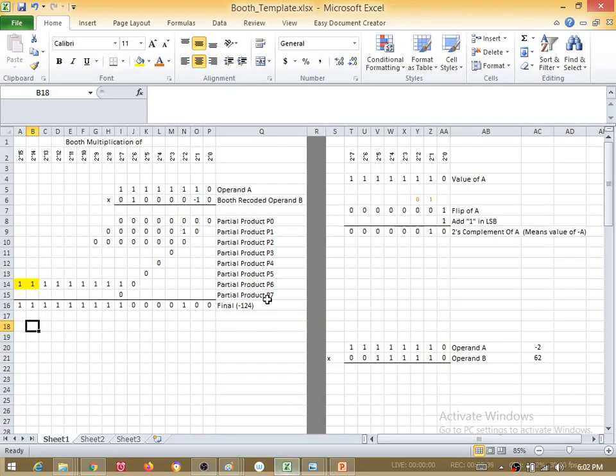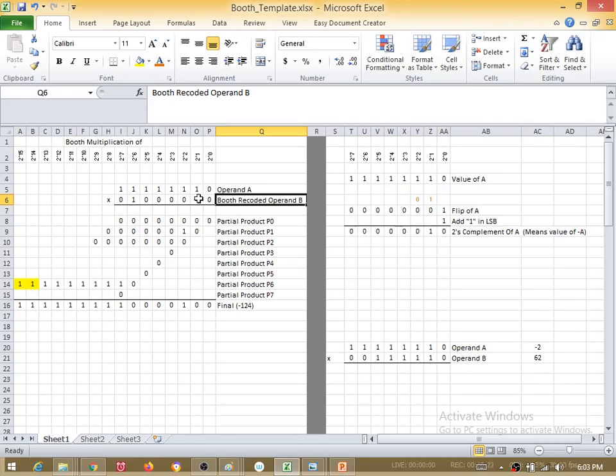So let me just do a quick revision of what we have done. You are given two operands A and B, both of them in signed 2's complement notation. What you have to do is convert operand B into the Booth's recoded version and write that, then you start the multiplication process. But remember that during the partial product process, there might be a digit here which is a -1, which means on the side you should have the value of -a ready with you. For example, I know the value of a, which is my operand a, so I can take the 2's complement and keep the representation of -a ready with me.